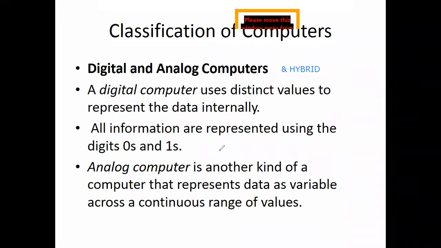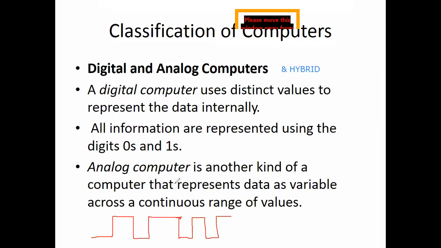And all this data is represented using the digits 0 and 1. So basically what we mean here is this. In terms of data representation inside the computer, this is how the data will be represented internally.